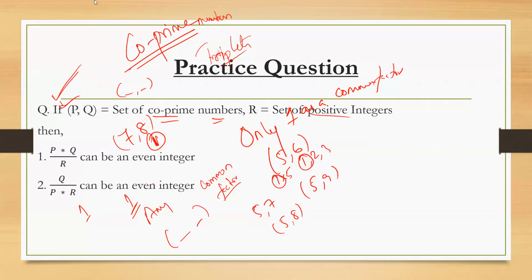Okay, Raghav. Nitish is saying 1 is wrong, because the keyword can be is given. So you just have to find one such value of P, Q and R which will give that value.